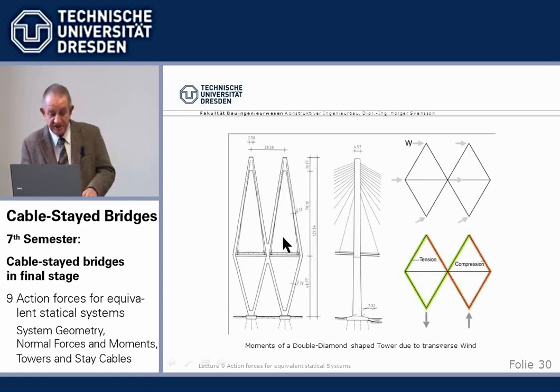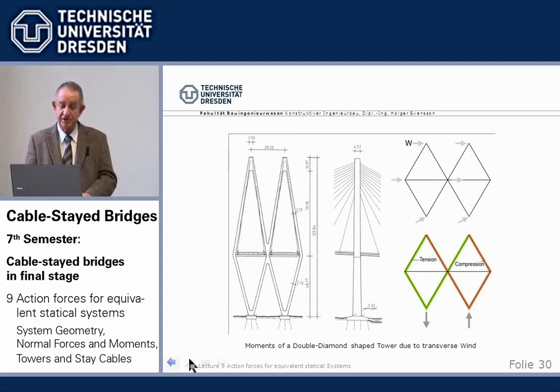We have one exception for the Baytown Bridge. We have twin beams. We use twin towers connected here. Now we have a complete truss from here to there. That means wind transversely on the cables which run onto the tip and on the cables and on the beam here, these loads create only tension and compression.